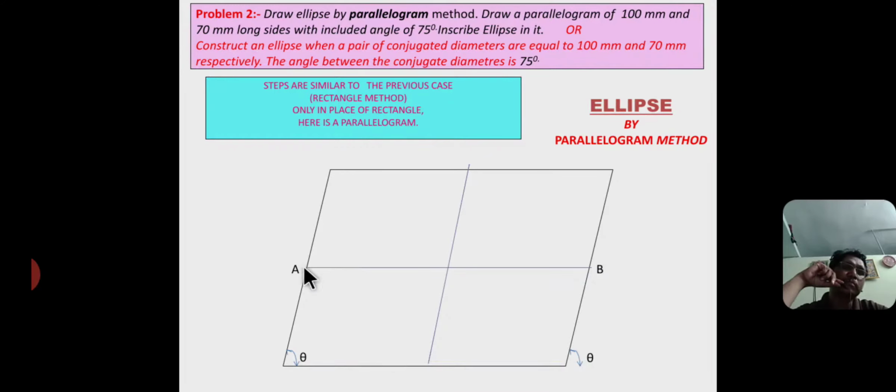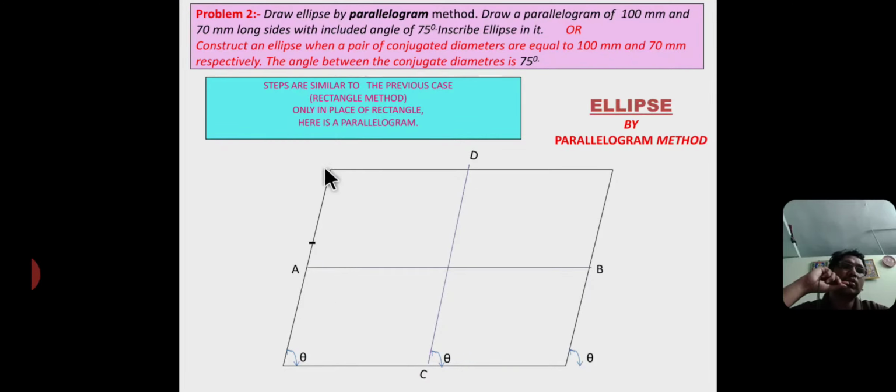You have to consider the midpoints of these lines. The lines AB and CD are called conjugate diameters. These are not the major and minor diameters. In the parallelogram method, you have to consider these two lines as conjugate diameters.